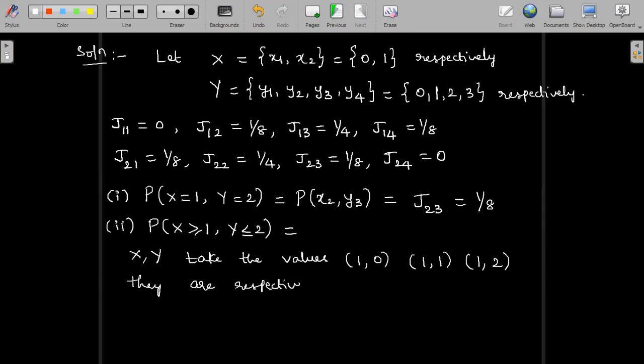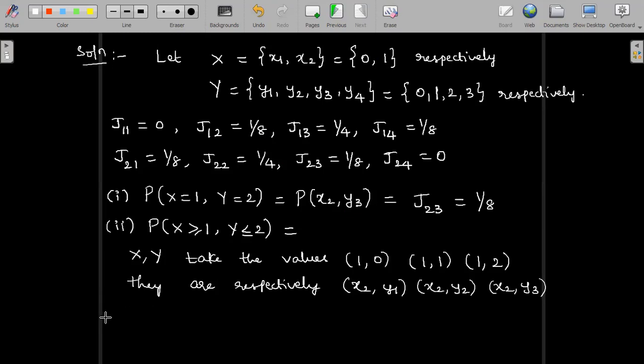These values are denoted by x2 comma y1, x2 comma y2, x2 comma y3. Y is 0 means y1. Y is 1 means y2. Y is 2 means y3. We are just looking into the representations for convenience.